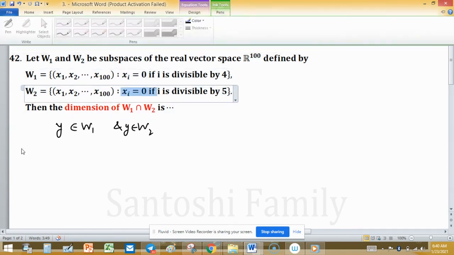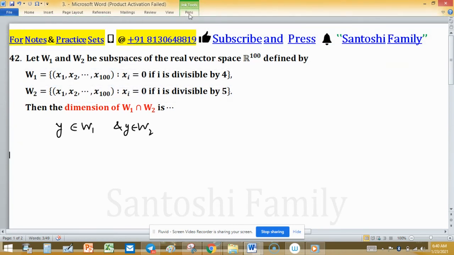So we have to find at how many places we are restricted or bound. Suppose W1 is x1, x2, x3, and one of them is 0.